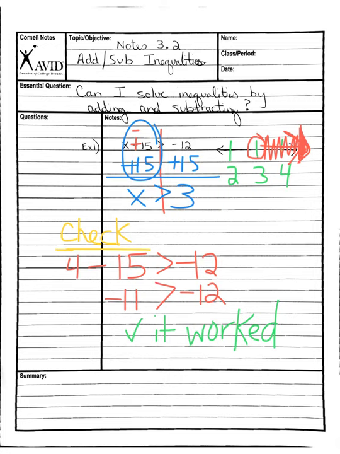So when we go through and solve our one-step addition and subtraction inequalities, you're going to notice, or I hope you've noticed, the steps are just like solving equations. Let's look at one more example. Here, we're going to draw our line. We have a plus 6, positive 6.